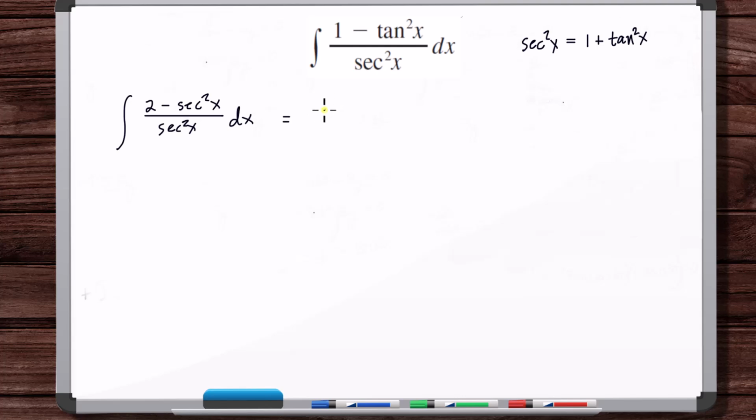I wonder what this is going to do. So 2 over secant squared x dx minus the integral just dx. And so this is 2 times the integral of, the inverse of secant is cosine, so cosine squared x dx.